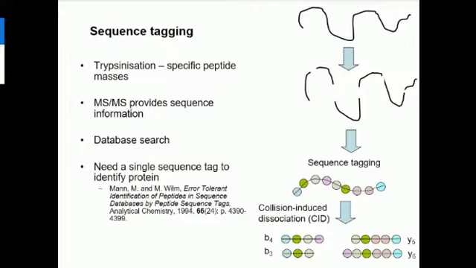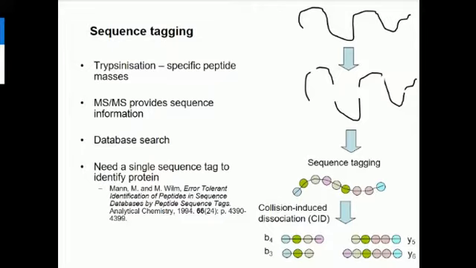But you now do some collision-induced dissociation, so that's the tandem mass spectrometry, which will give you the sequence information. And then you can search the fragments that you observe following CID in a database search, and that will allow you to identify the protein.